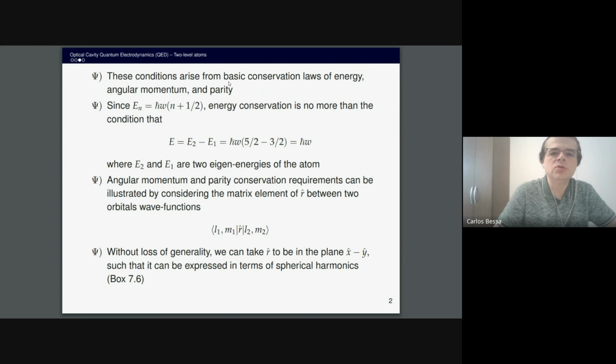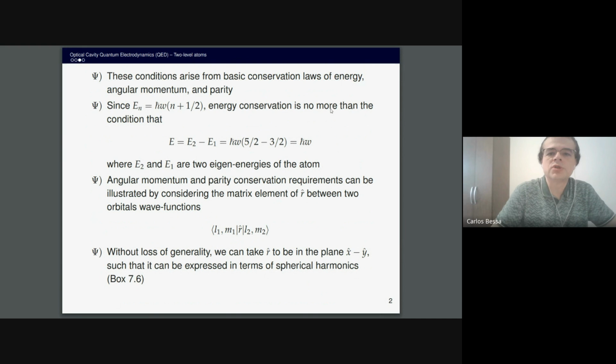These conditions arise from the basic conservation laws of energy, angular momentum, and parity. Since the energy, as you saw in the past, of a simple harmonic oscillator is given by this expression, h bar omega times n, where n is the number of the energy level we are dealing with.